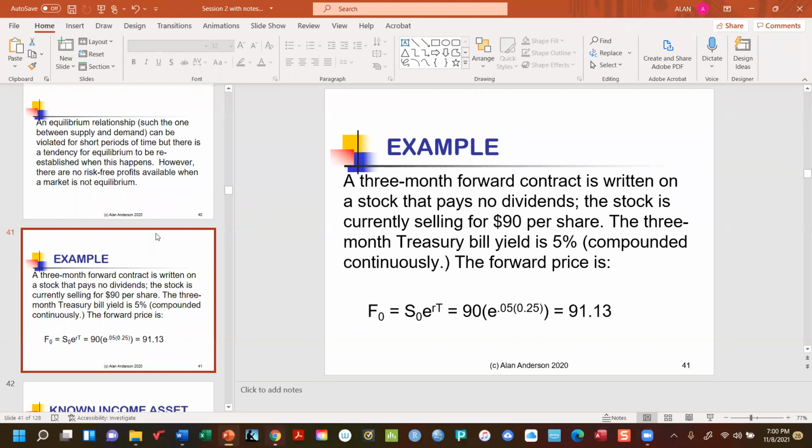Now, if you notice, it sounds very complicated, but the reality is all they're telling you is that the forward price today at time zero is simply equal to the future value of the spot price. That's all it is.